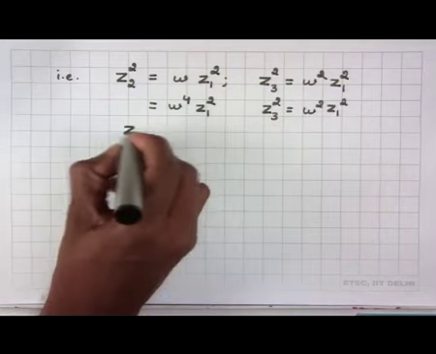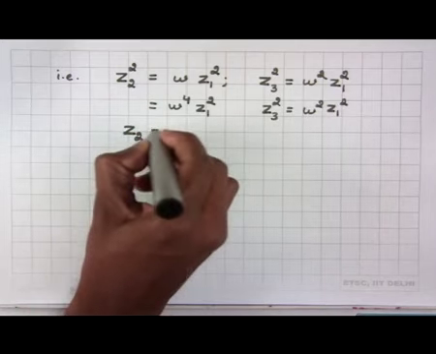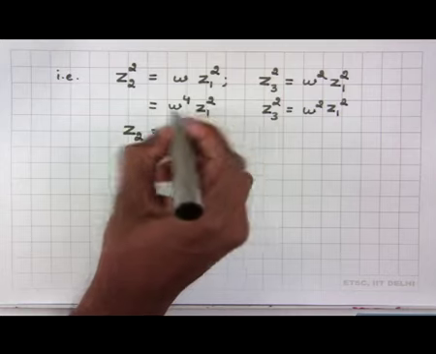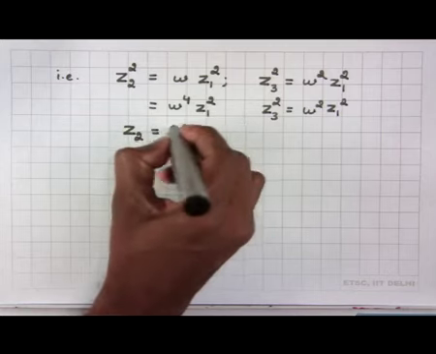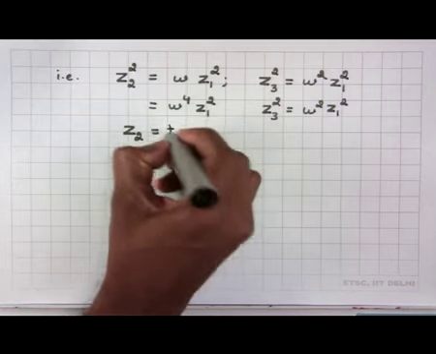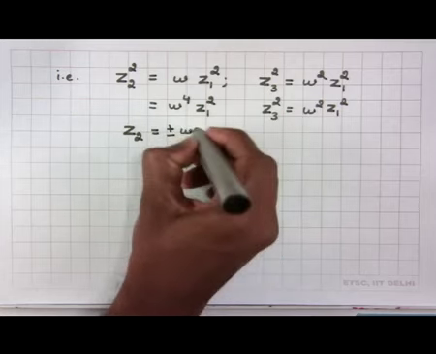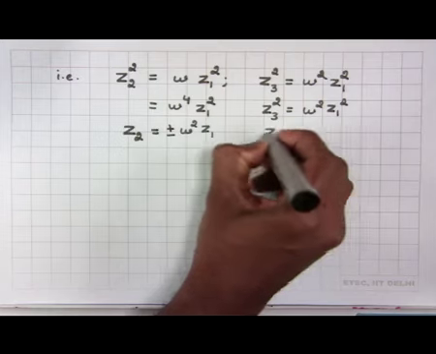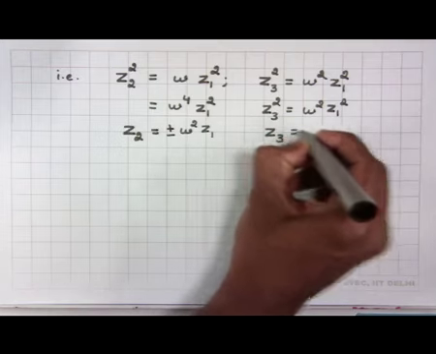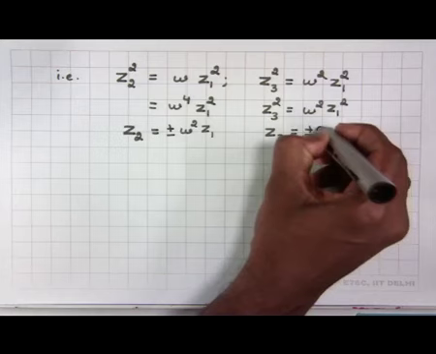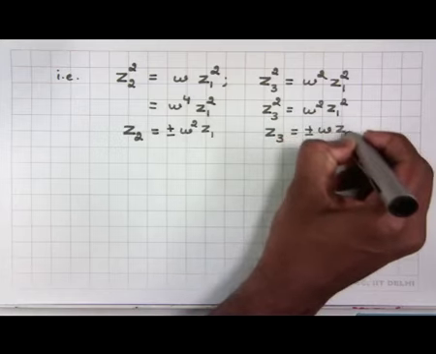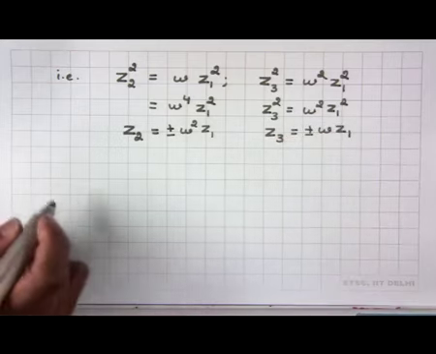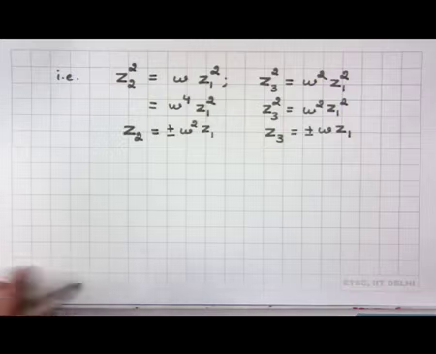Then we see that Z2 is given by the square root of this element, which gives us plus or minus omega square Z1, and Z3 is plus or minus omega times Z1.